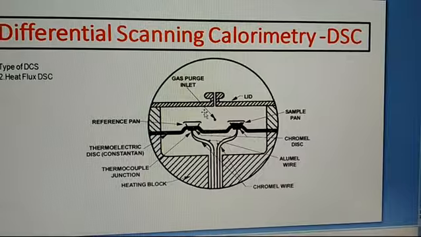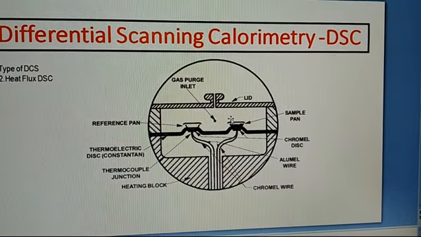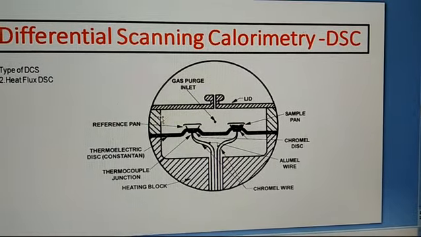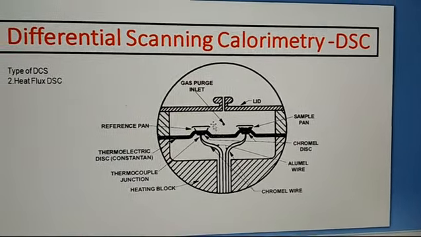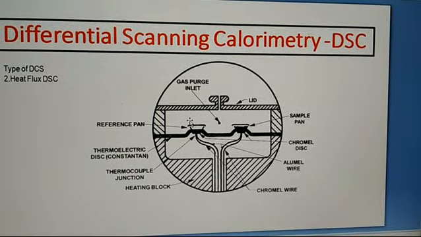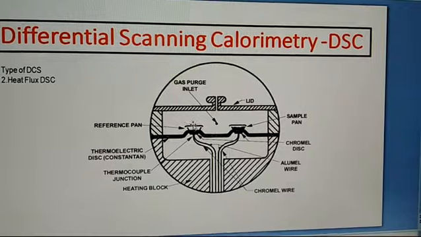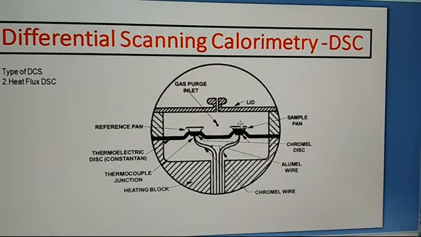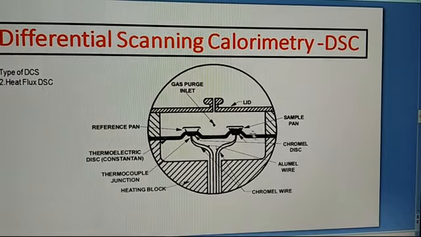We put the sample in the sample pan. Here is the sample holder and here is the reference sample holder. In DSC no sample is kept in the reference pan. The reference pan holder is empty, and we put the sample in the sample pan, and here is the conical disc.